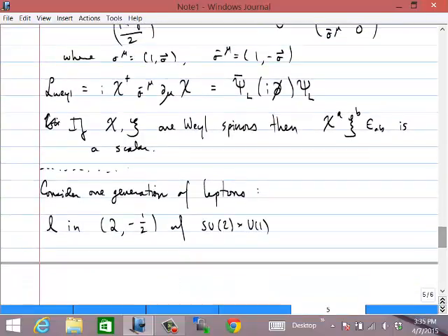And then we have another particle, usually called E bar, which transforms in the 1,1 representation. So it does not transform under SU2 and has hypercharge 1. Now, we usually give names to the fields in this two-component doublet of SU2. The upper one I'll call nu, and the lower one I'll call E.